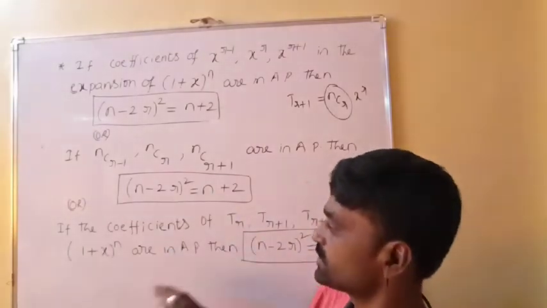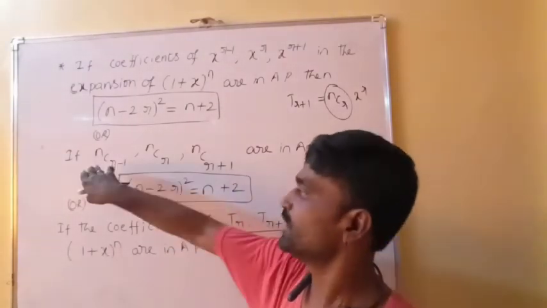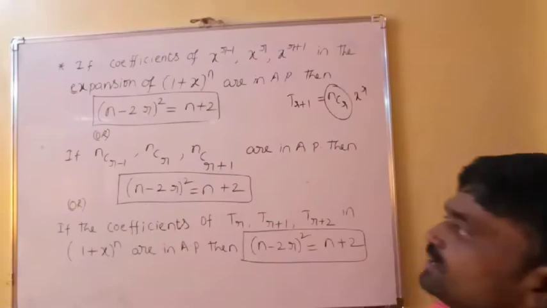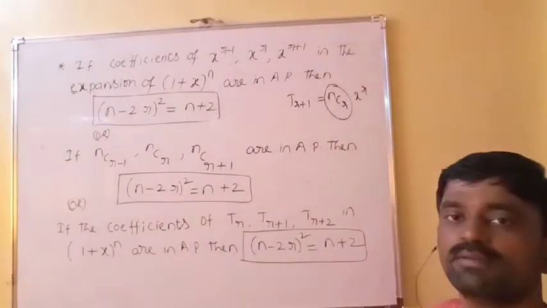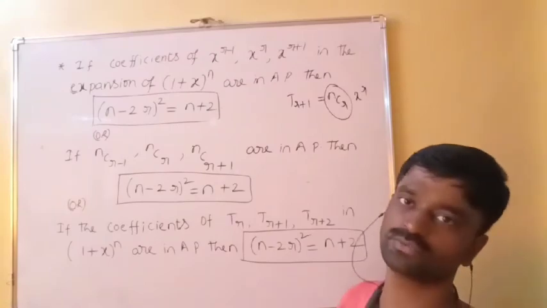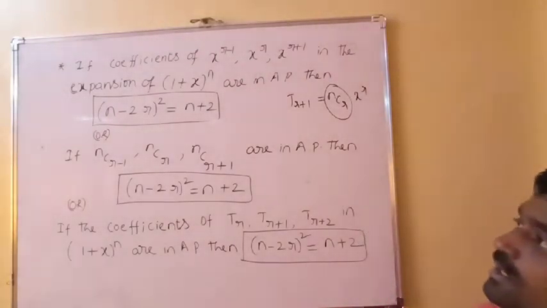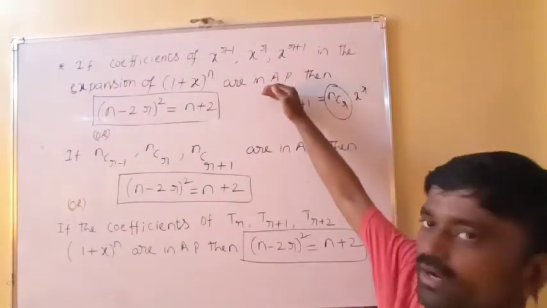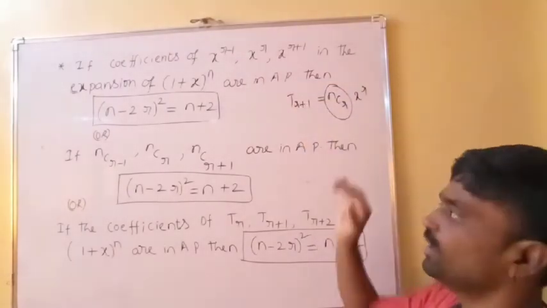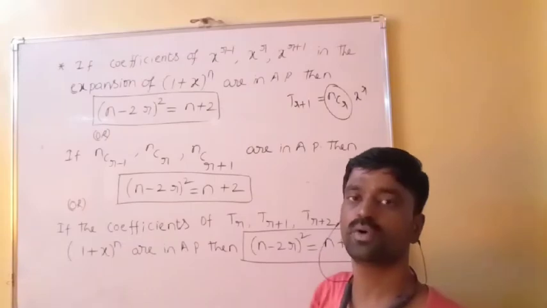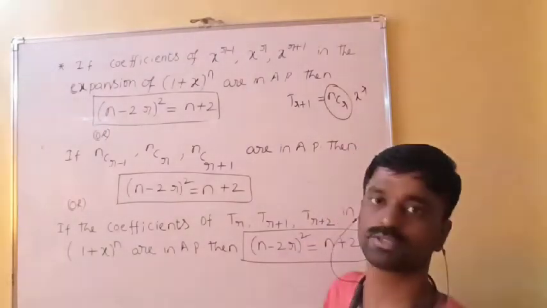So the same formula can also be written as: the condition for nC(r minus 1), nCr, nC(r plus 1) to be in AP is (n minus 2r) whole square is equal to n plus 2. In the examination they may ask in the first form, second form or third form, but in all cases the formula is (n minus 2r) whole square is equal to n plus 2.